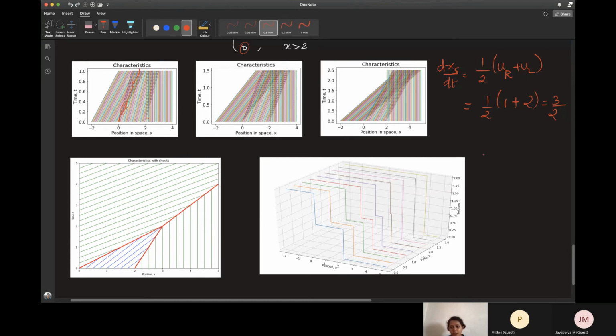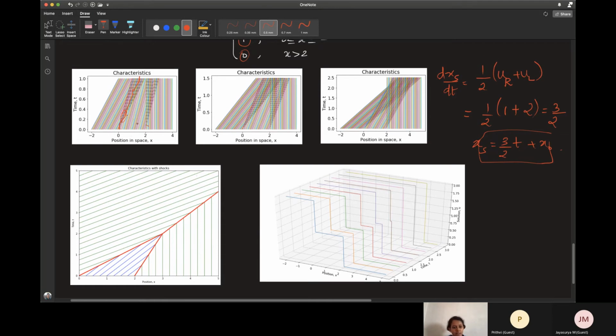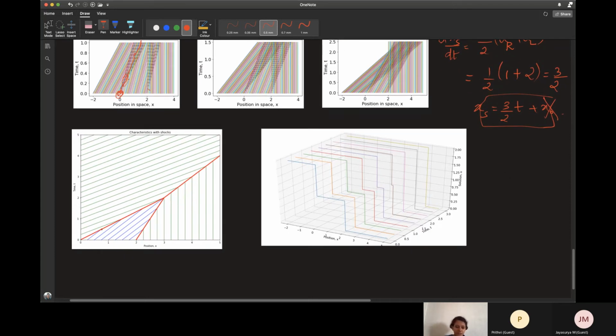So basically xs equals 3 by 2 t plus some x naught. And x naught is actually 0 because this shock is at point 0. So x is equal to 3 by 2 t. This is the equation for this shock.